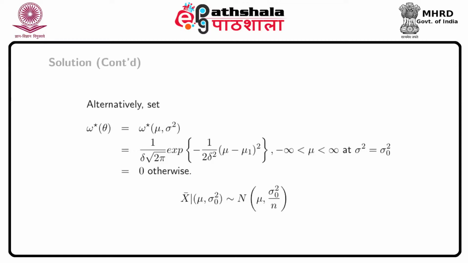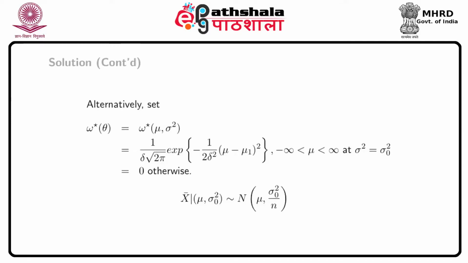Alternatively, set W star theta, that is W star mu sigma square, equal to 1 by delta root 2 pi e to the power minus 1 by twice delta square into mu minus mu 1 whole square, for mu greater than minus infinity and less than plus infinity at sigma square equal to sigma naught square, and 0 otherwise.